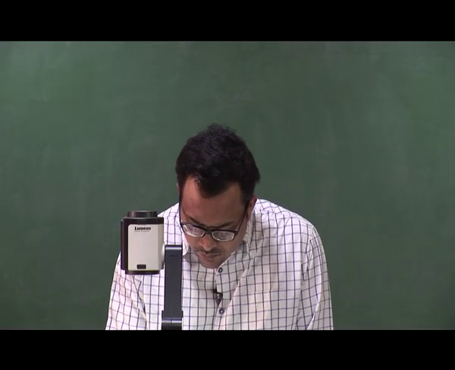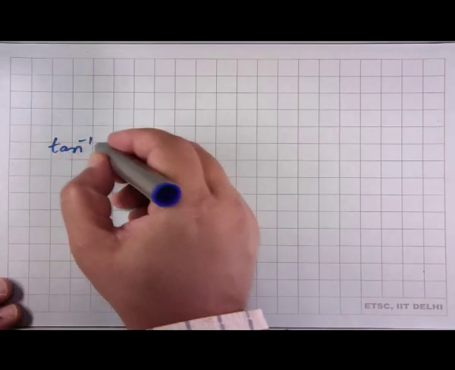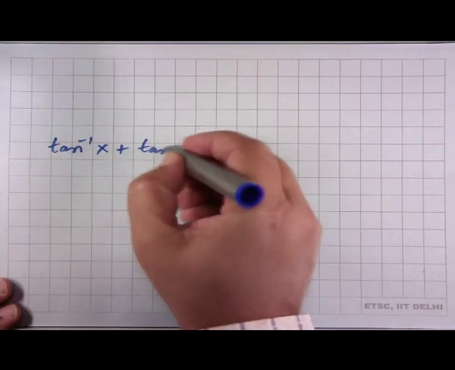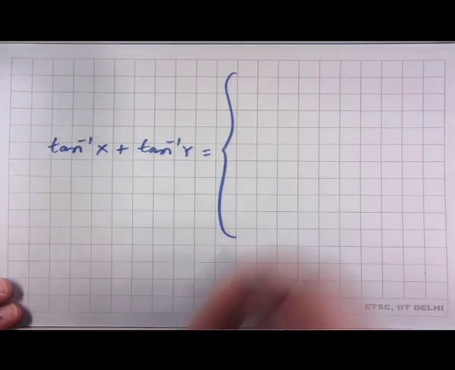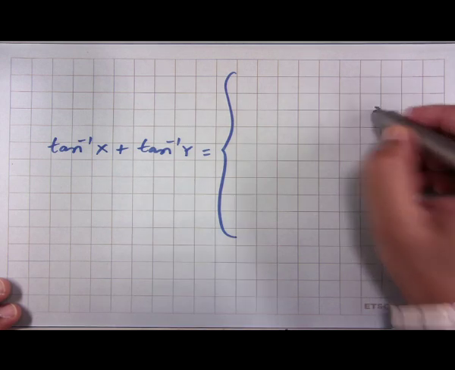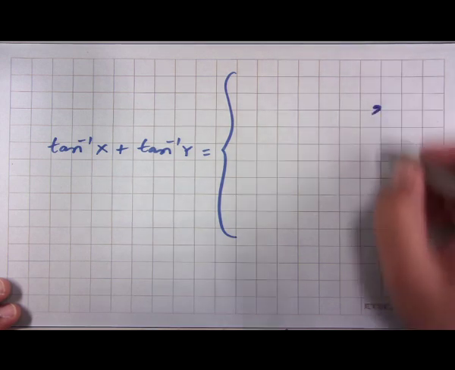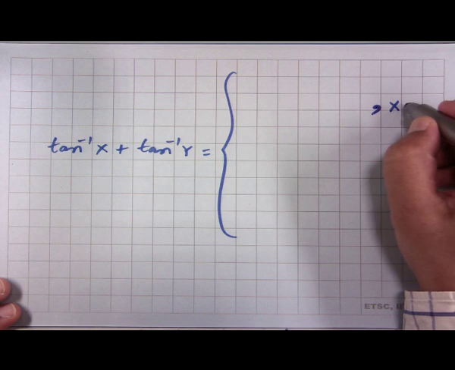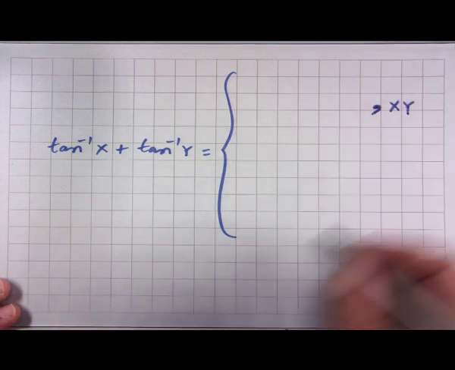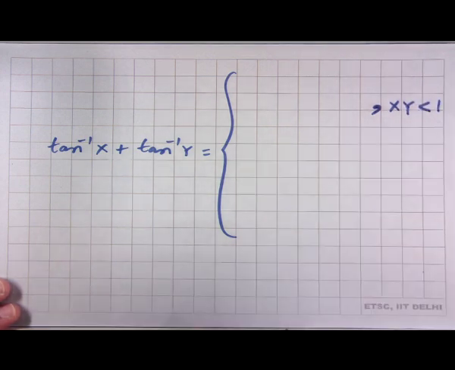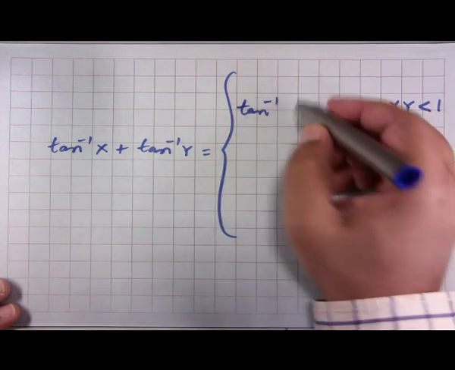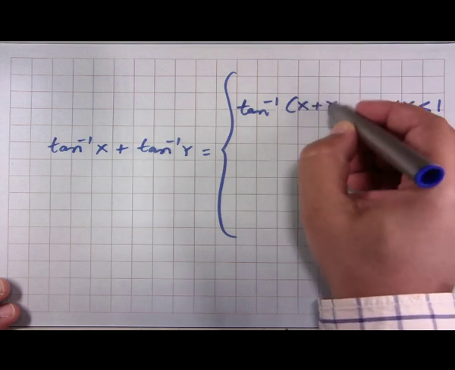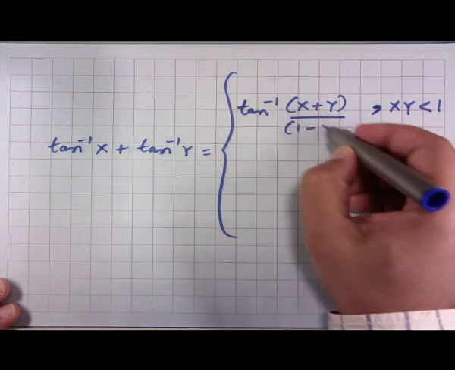To be precise, it is given by three cases. The first case is if the product of x and y is less than 1. In that case this is equal to tan inverse of x plus y over 1 minus xy.